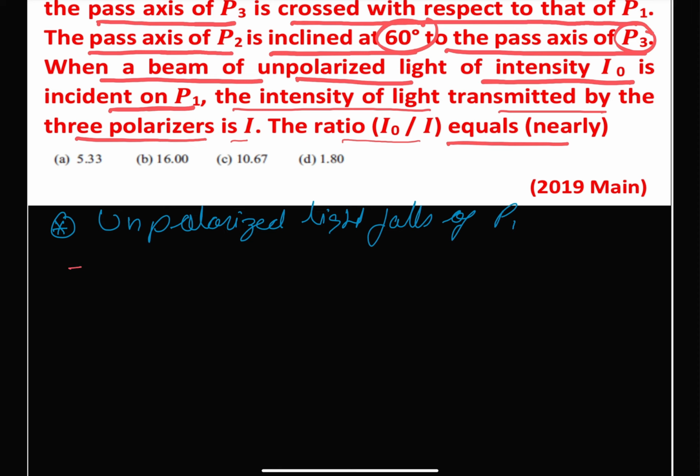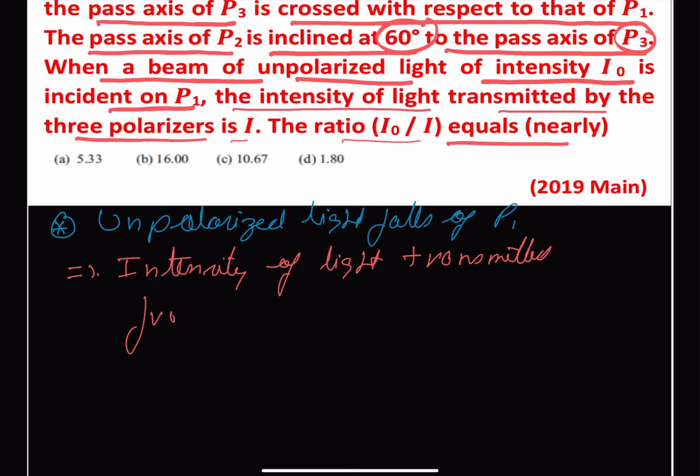Therefore, the intensity of light transmitted from P1 will be equal to I0 by 2.